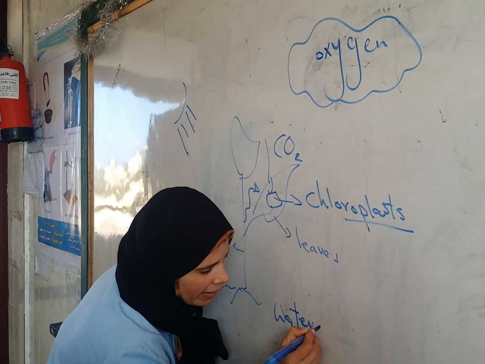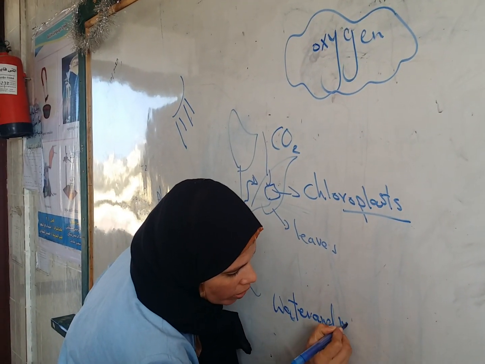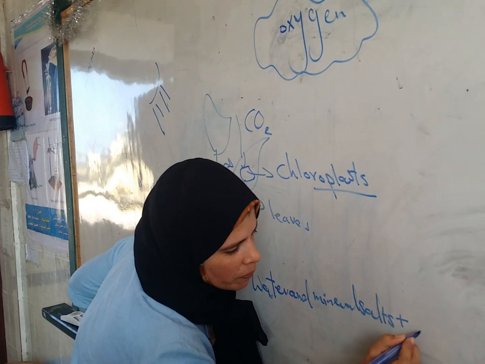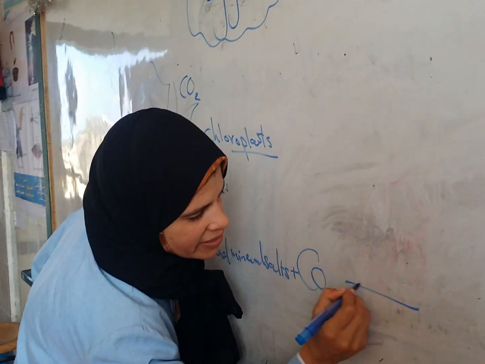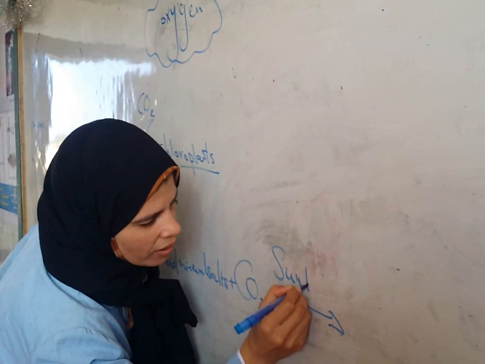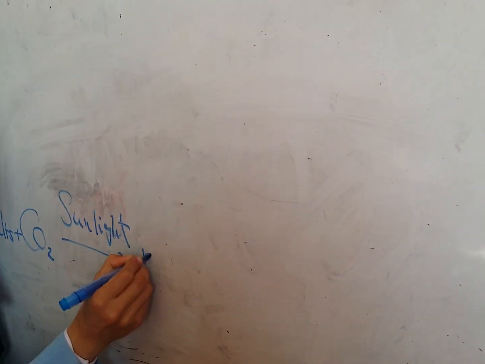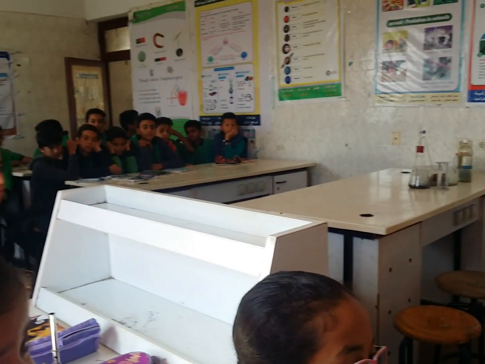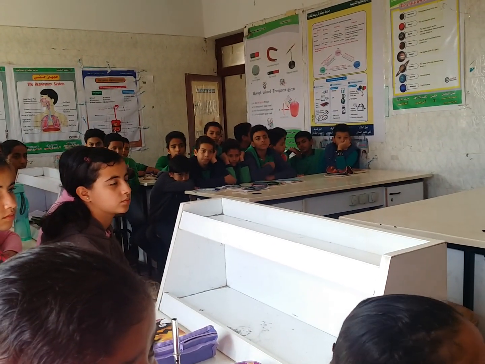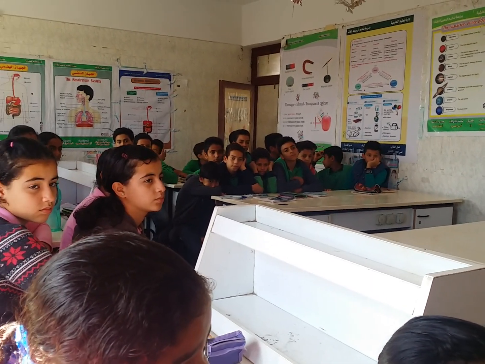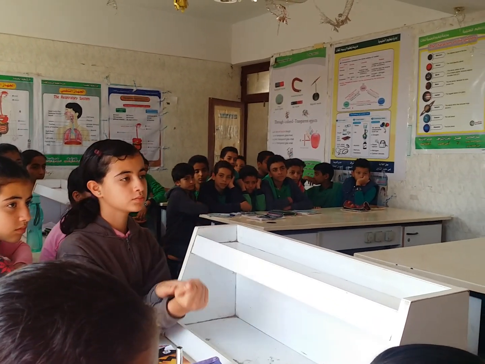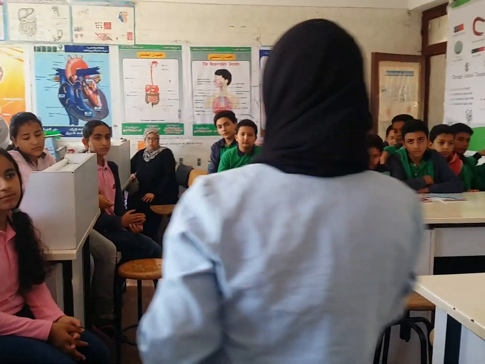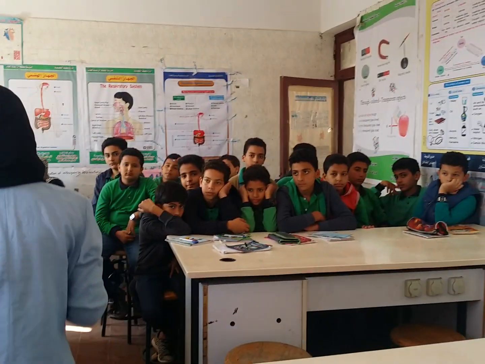Okay? So you can represent this by this equation. Water and mineral salts plus carbon dioxide, in the presence of sunlight, produce nutrients plus oxygen, and you must write this arrow moving upward to represent the gas of oxygen evolving from this process.